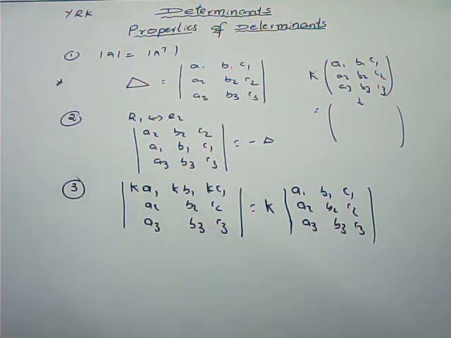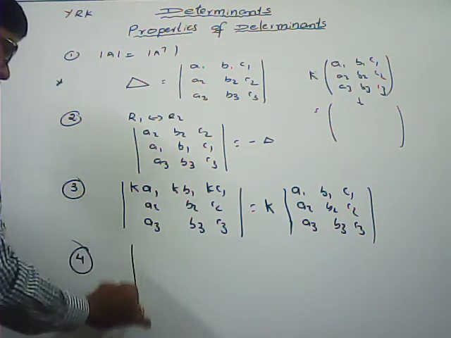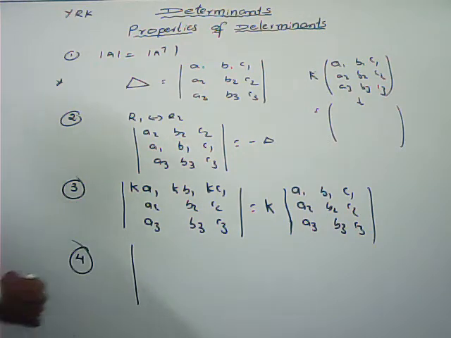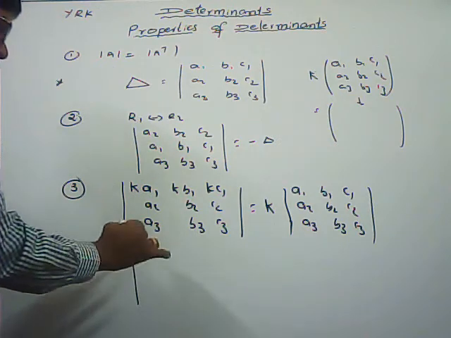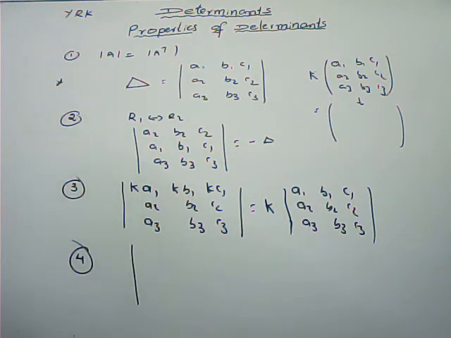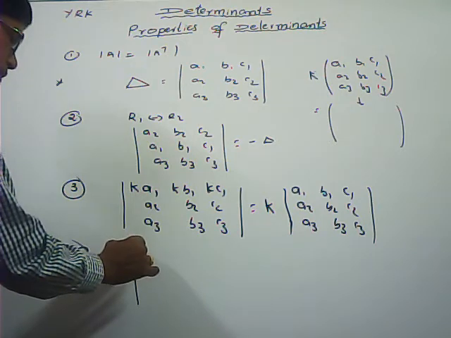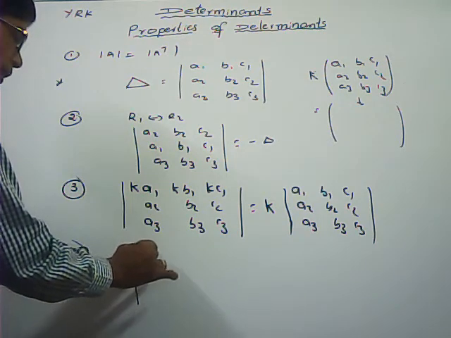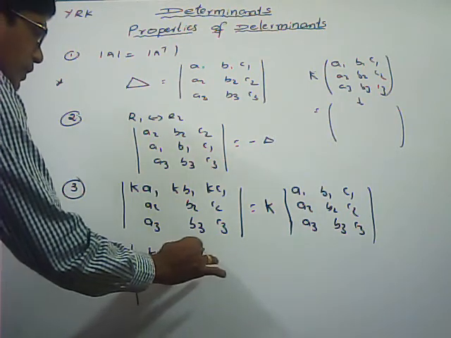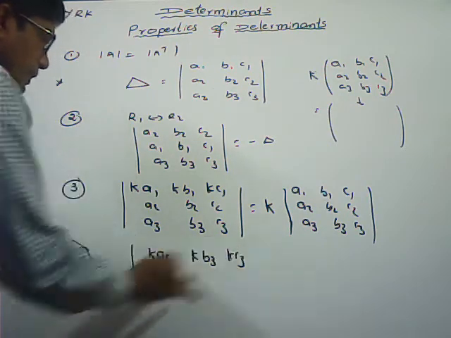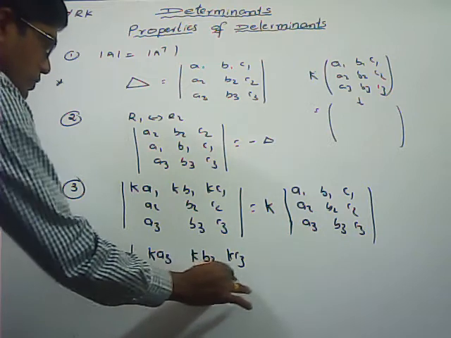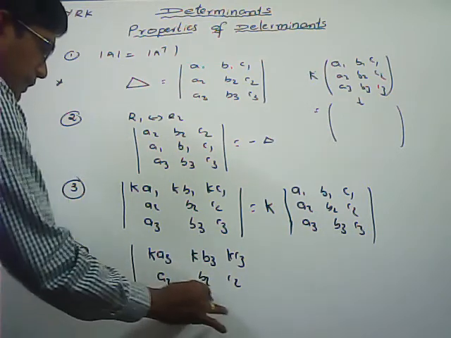Next, if any two rows or any two columns are identical or proportional, then its determinant is equal to 0. For example, here ka3, kb3, kc3, a2, b2, c2, a3, b3, c3.